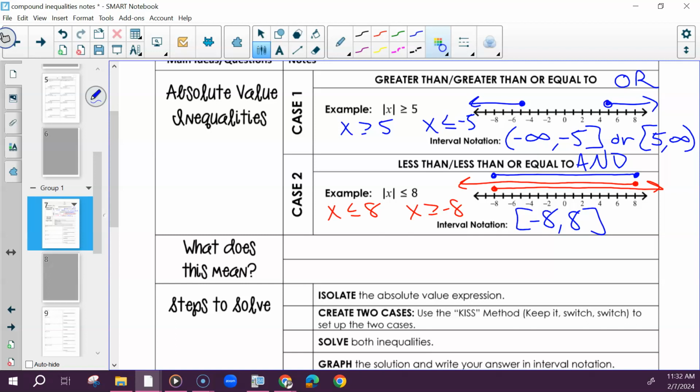So the biggest thing is keeping them straight. Even if you don't memorize that greater than or equal to is or, and vice versa is and, being able to solve it, being able to graph it, and know which type it is just by looking at this line, most of the time.